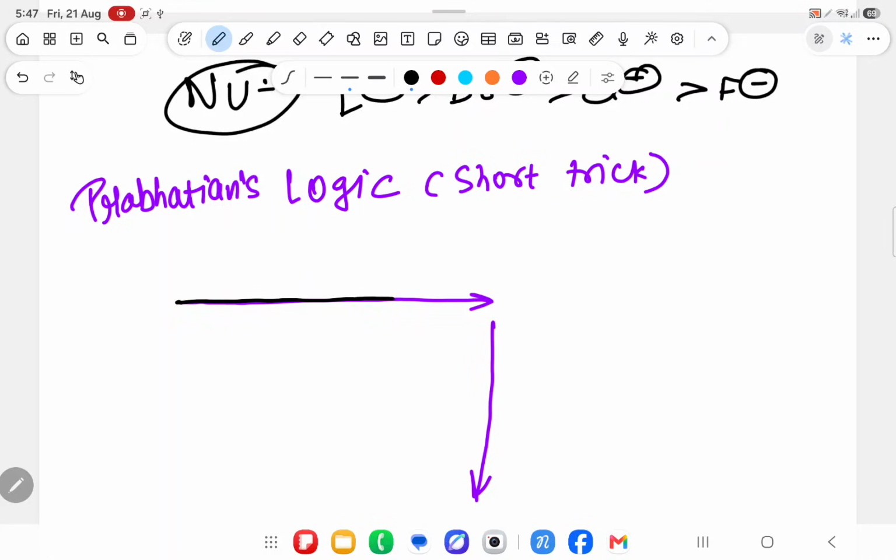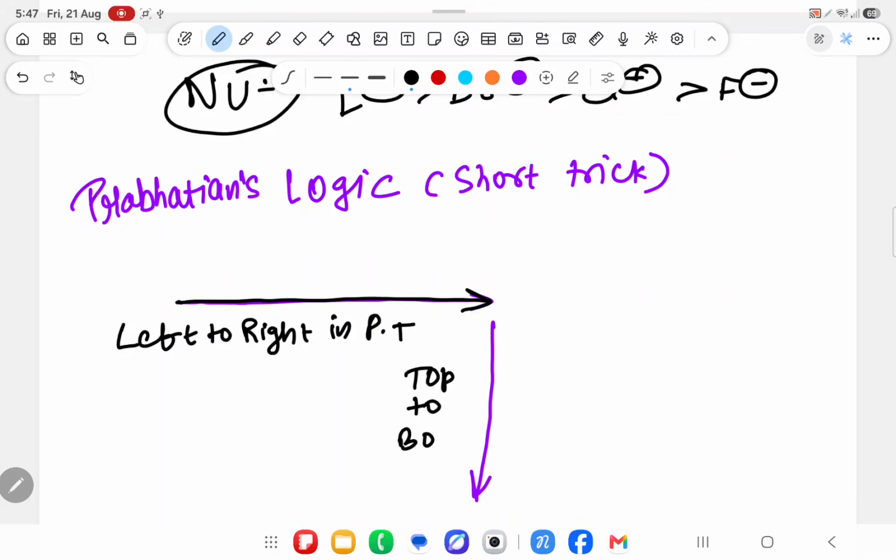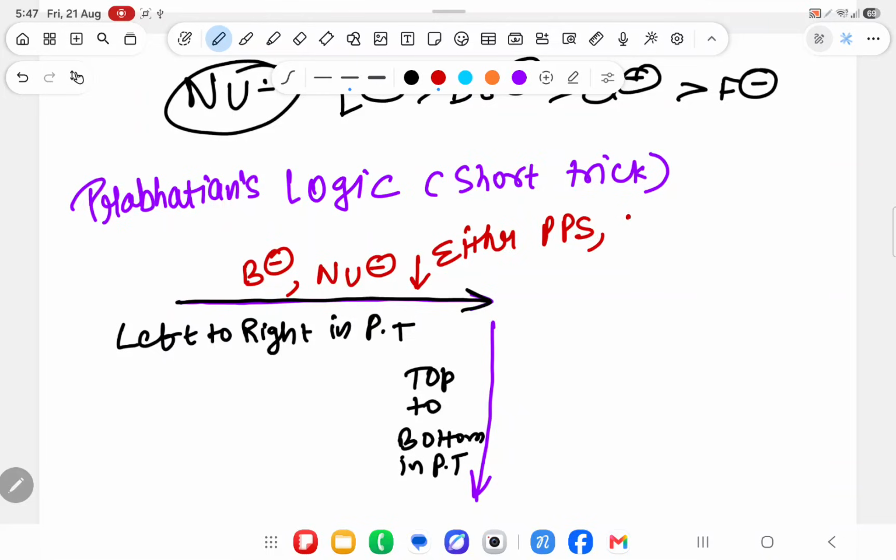Whenever you go from left to right in the periodic table, base power and nucleophilicity power both decrease, either in polar protic solvent or polar aprotic solvent.